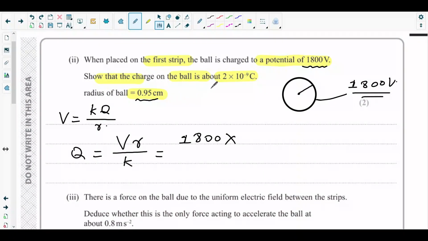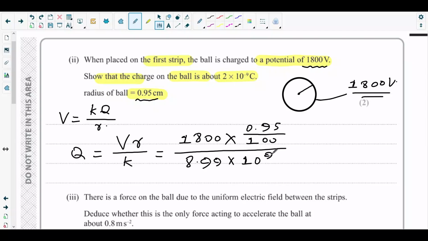The radius is 0.95 over 100, over the value for k, which is 8.99 times 10 to the power 9, that much coulomb. So let's figure out the value. 1800 times 0.95 over 100, divided by 8.99 times 10 to the power 9.